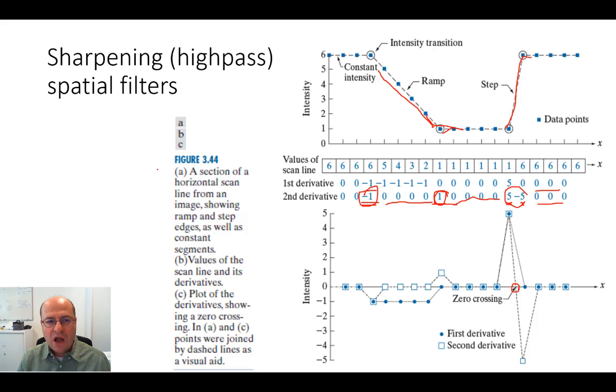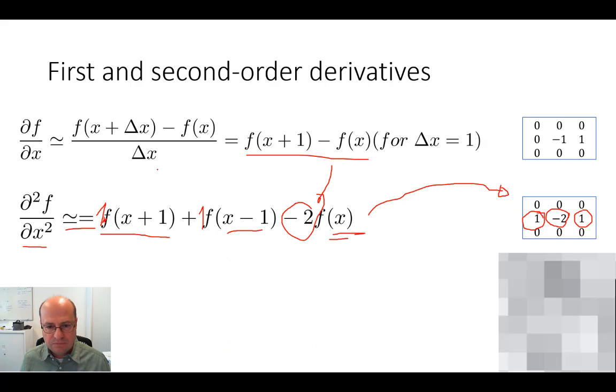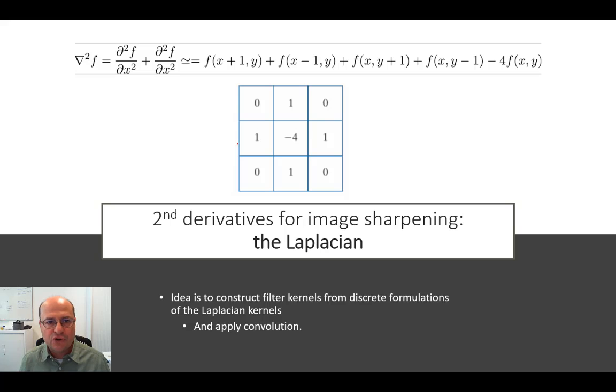Right. So one important second order filter that we've heard about many times is the Laplacian. And the Laplacian is just, again, I'll let you do the mathematical derivation yourselves.